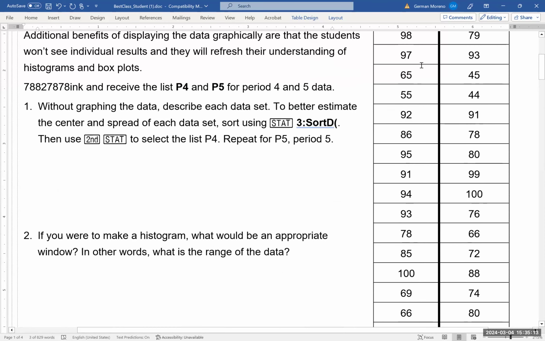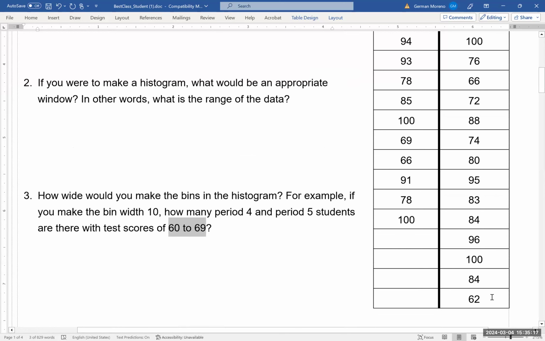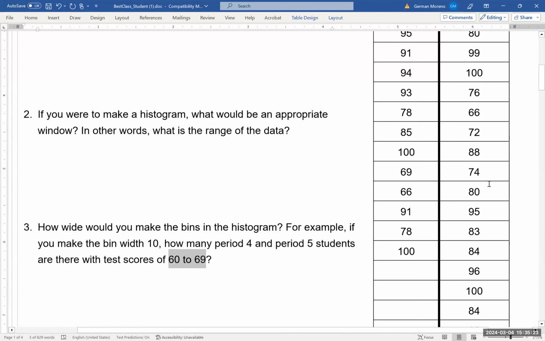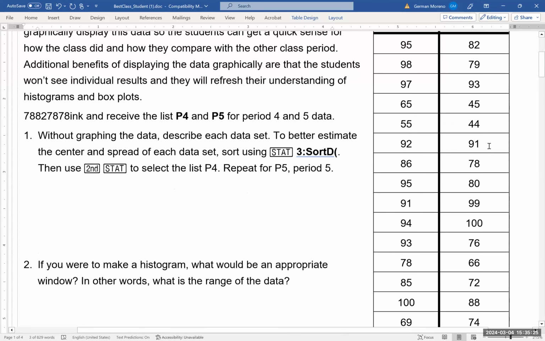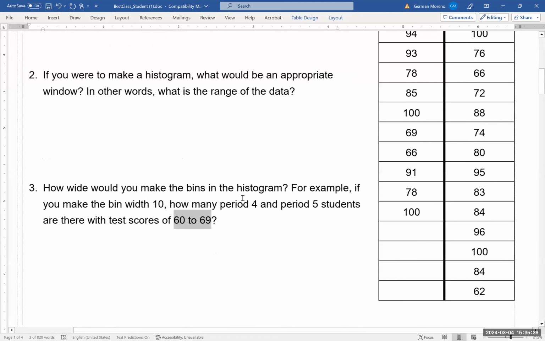There's going to be three values on period four, and then one, two. It appears to me that there will be two on the second one. So I think that's just trying to get us to visualize what this looks like. So I'll let you go based on that conversation, answer that question.